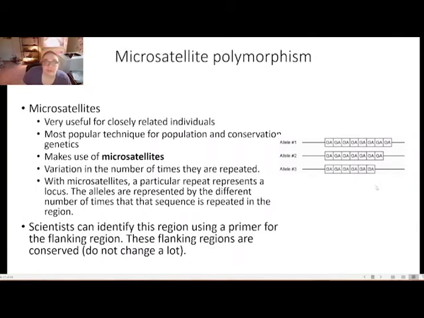Scientists can identify the microsatellite by looking for a primer or a flanking region, which doesn't change very much. So let's say you know that this allele is surrounded by one specific region of 4 different letters on each side. You can look for those exact same 4 letters in the same order in another individual to find this allele. Typically that's one way to do it.